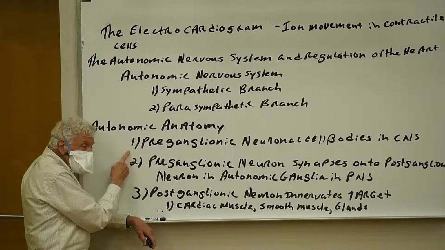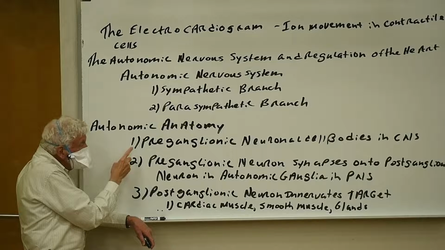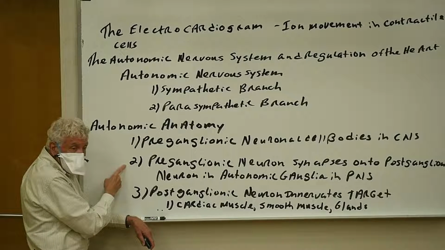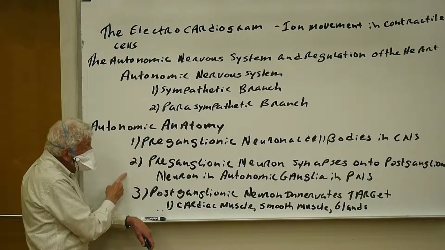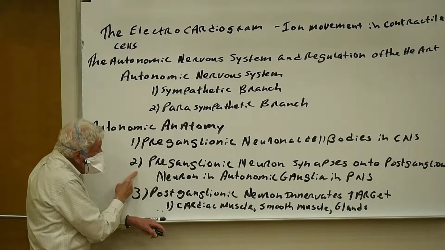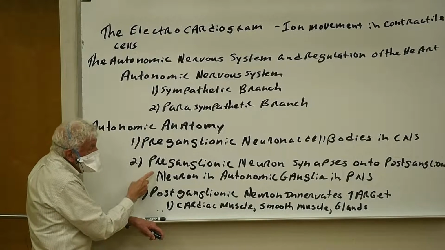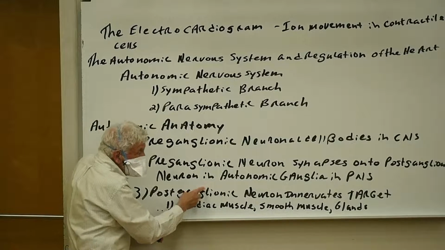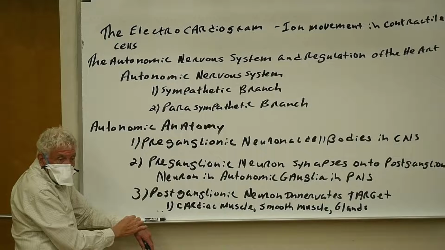That preganglionic neuronal cell body, whose cell body resides in the central nervous system, sends a process out into the periphery, and the preganglionic neuron synapses onto a postganglionic neuron in autonomic ganglia in the peripheral nervous system.